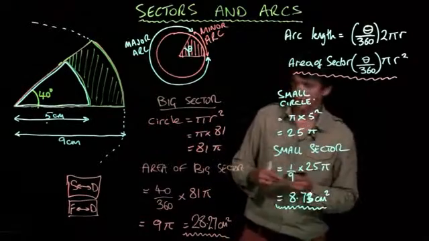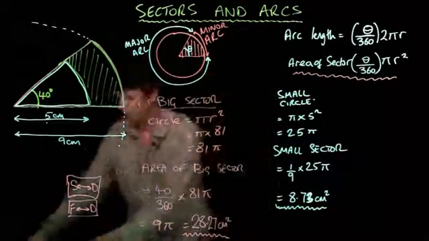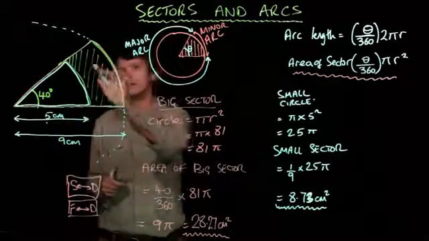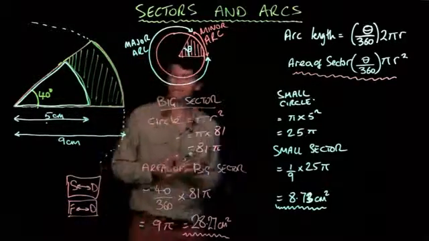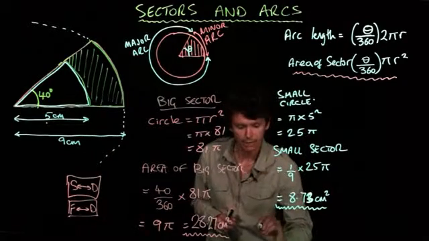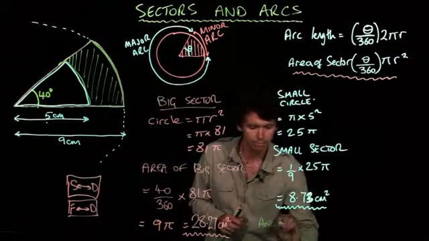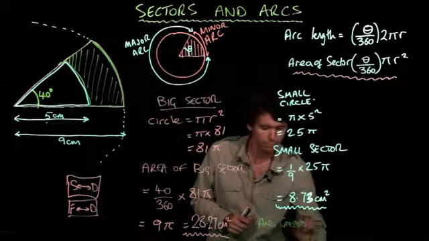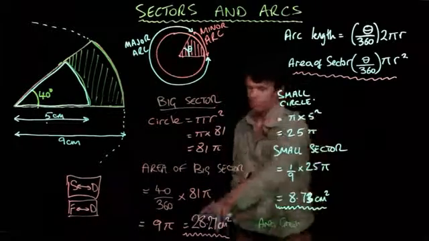Well, we've done all the hard work now because what we were looking for was our green area, the area of that cutting implement. So, the area of the green, we've just got to take that one off here.